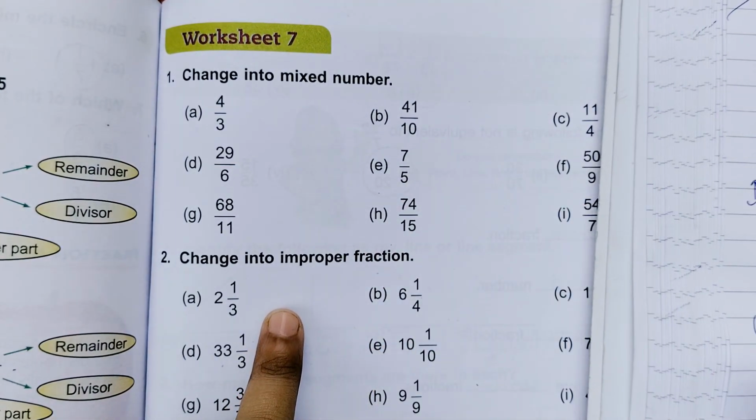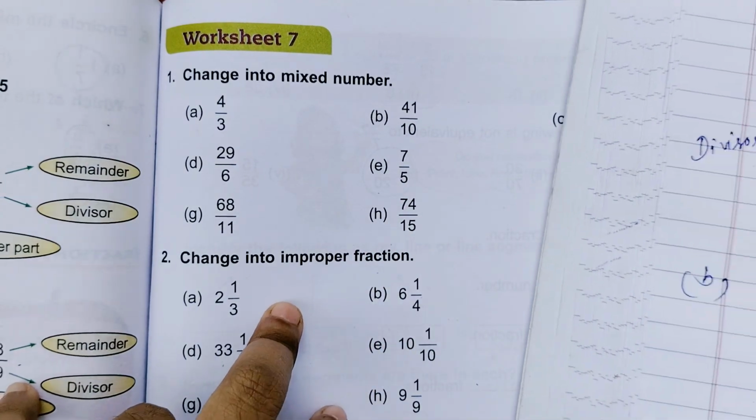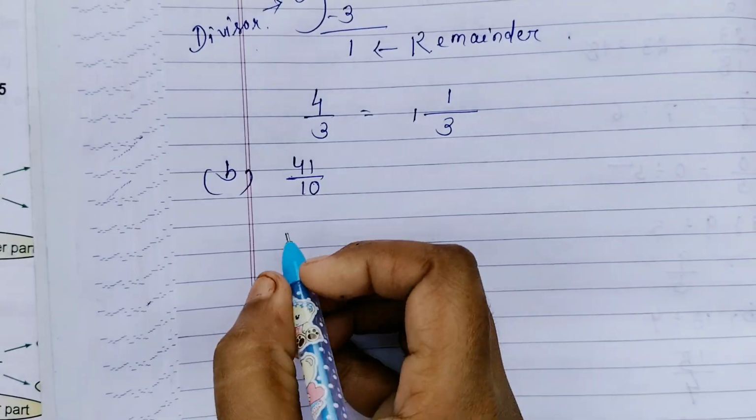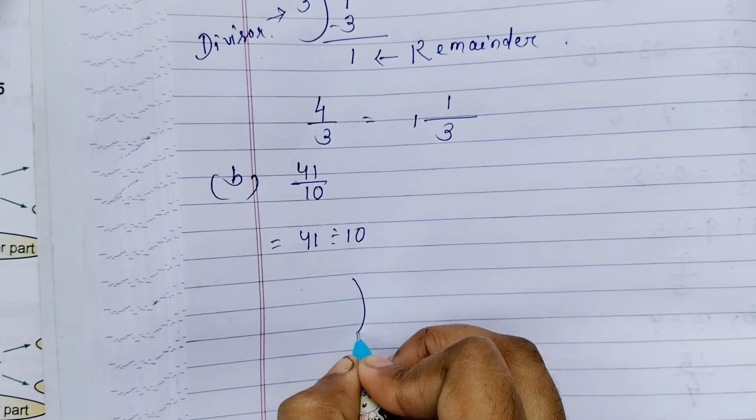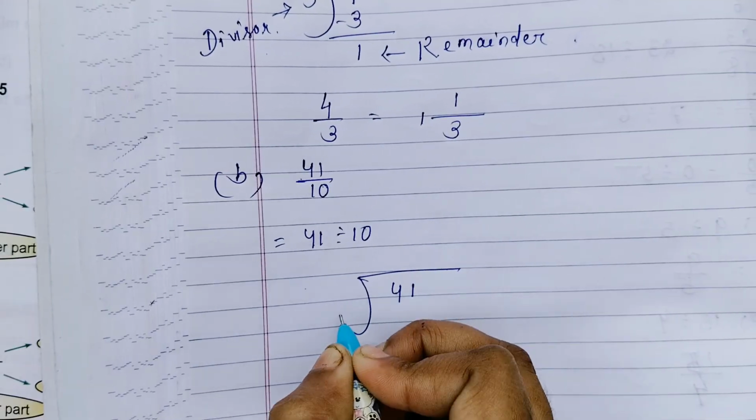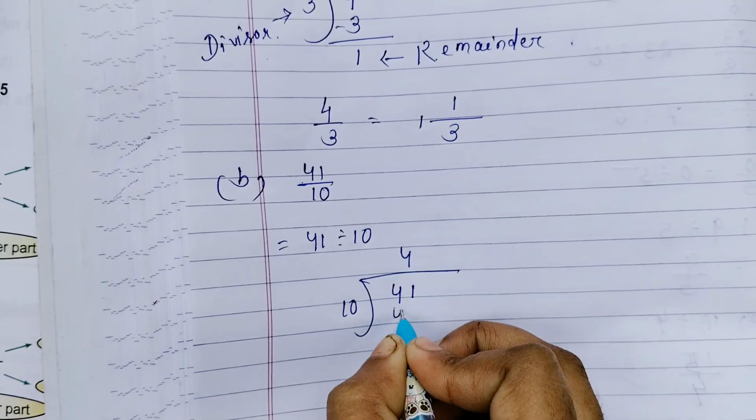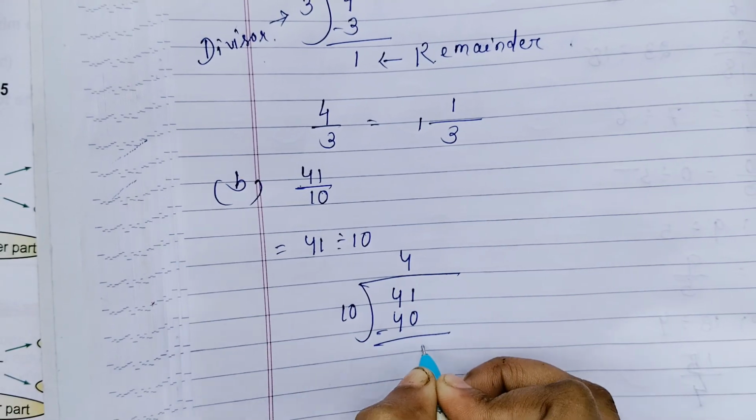41 by 10. First it is written as a division sum: 41 divide 10. Now we divide it. 10 4s are 40. 41 minus 40 equals 1.